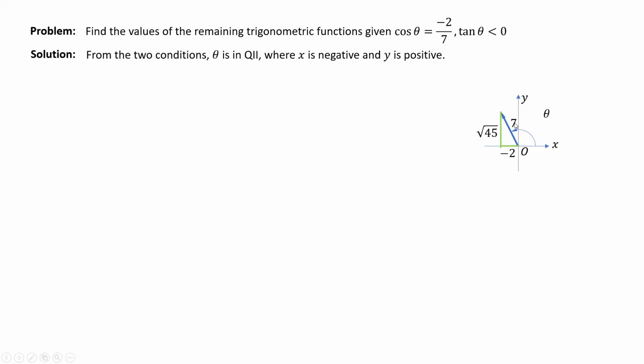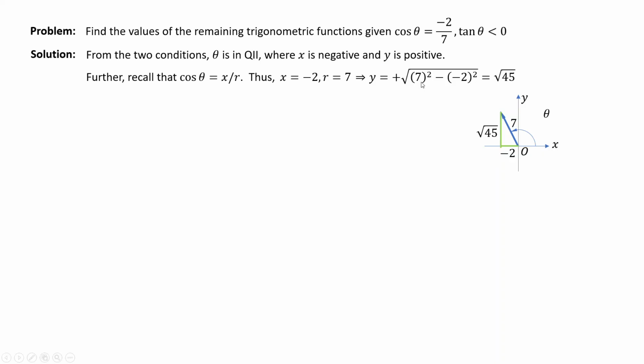Apply Pythagoras theorem: y is the square root of 7 squared minus negative 2 quantity squared, that's the square root of 45. Write that here. Sine theta is y over R, that is square root of 45 over 7.